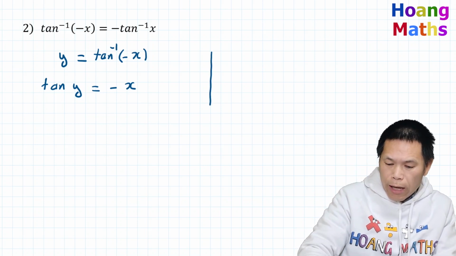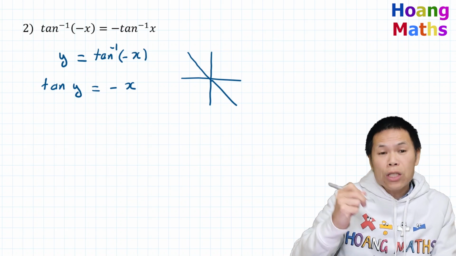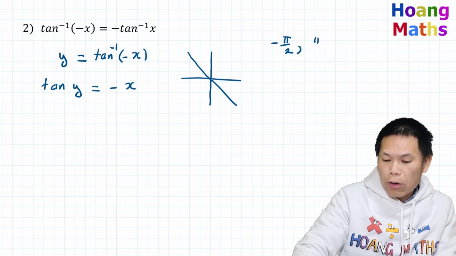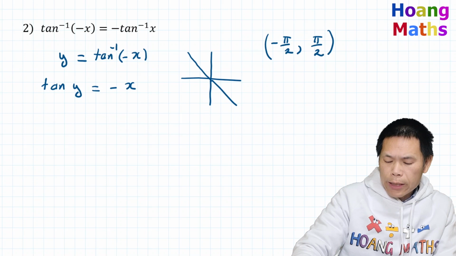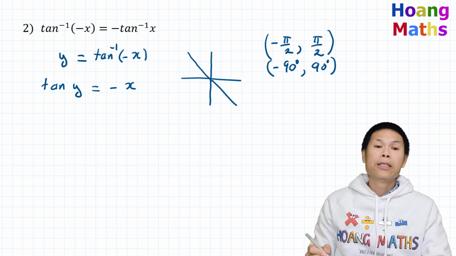Let me just draw it out here. So it's either in this quadrant or in this quadrant. But we know that the range of the inverse tan is from negative pi over 2 to pi over 2, excluding the endpoints. Remember that. That is negative 90 degrees and 90 degrees in degrees.